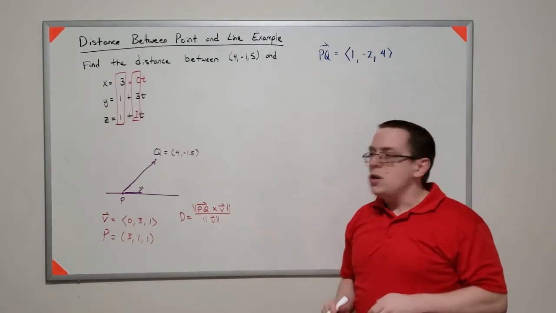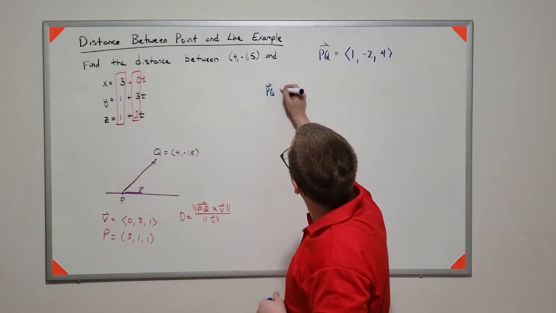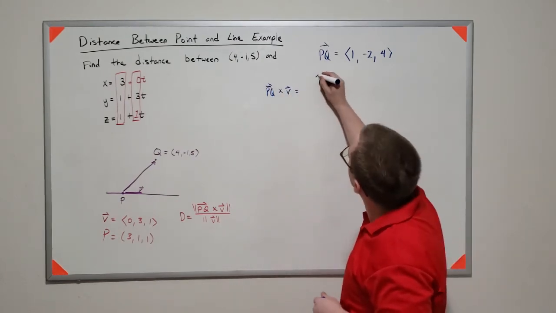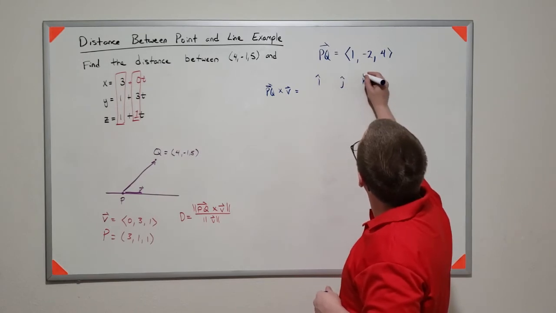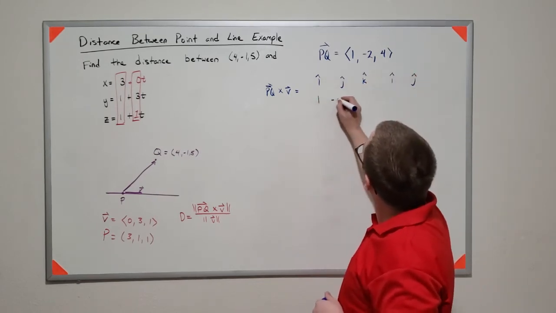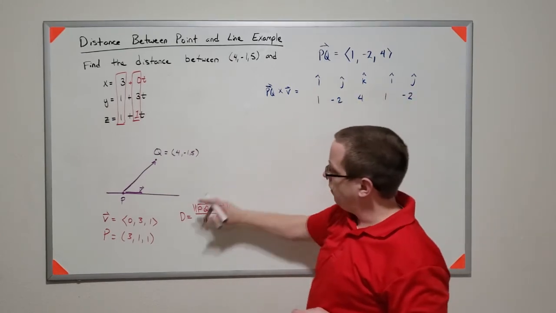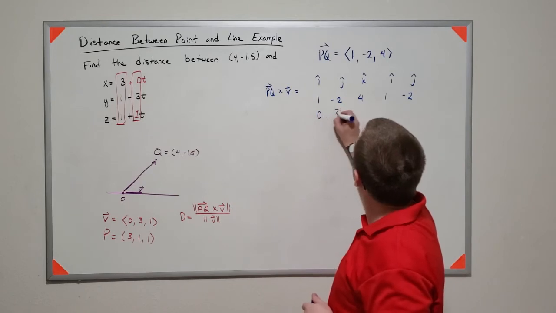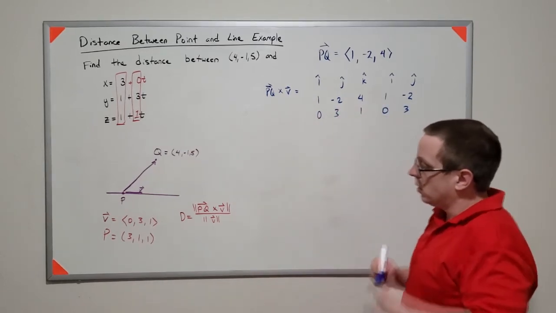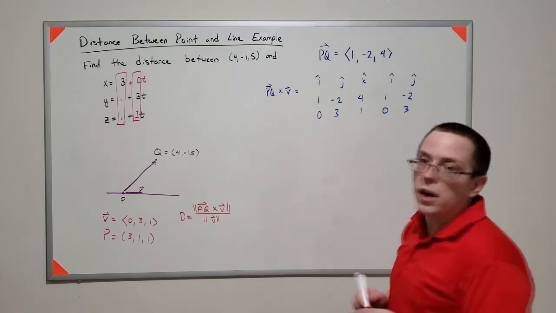But then we need to get PQ cross V. So to do that, we have to write a little bit more. And V is... so let's go down the line here.